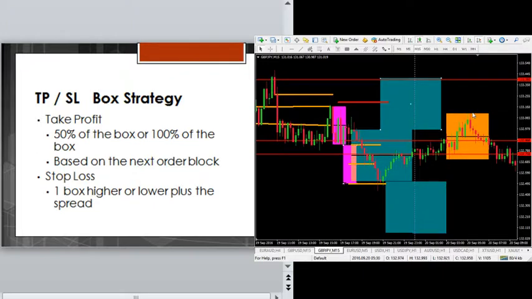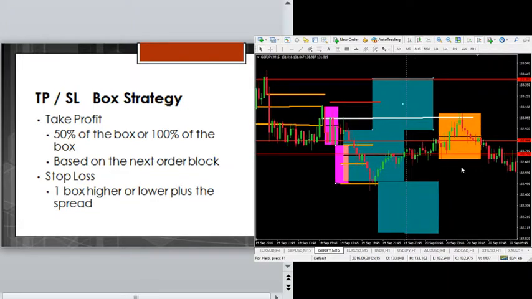This time hitting almost 50% of the trade, because we have another order block here. I will change the color to white. By the way, I will discuss the order block on the next few slides, but we are basically focusing on the box trading or the box strategy for now.